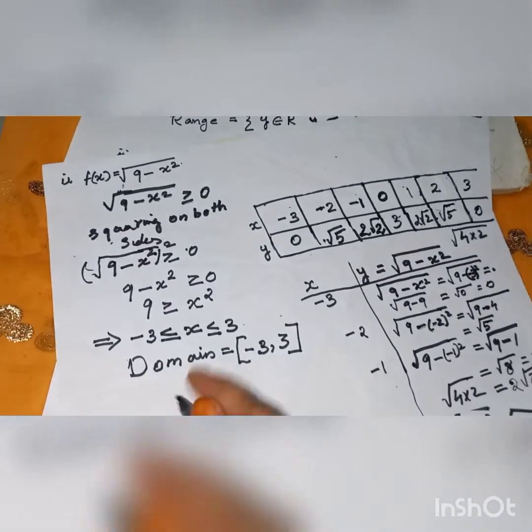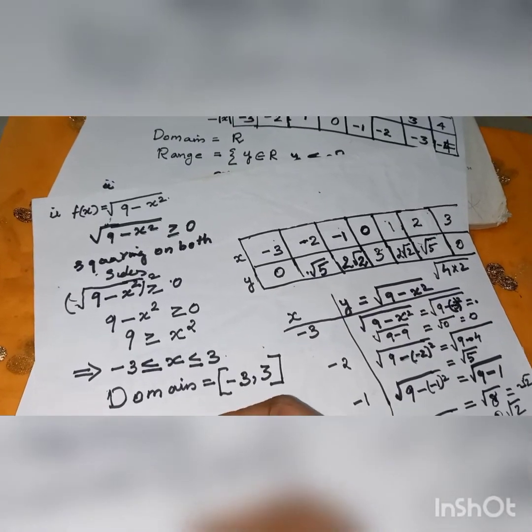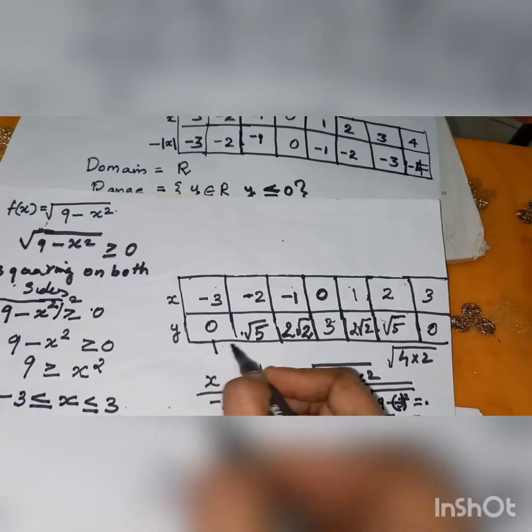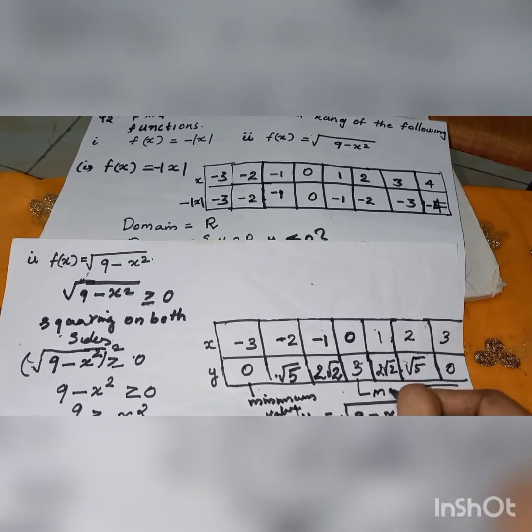So range, how can we write? Range is equal to, what is the minimum value and maximum value?